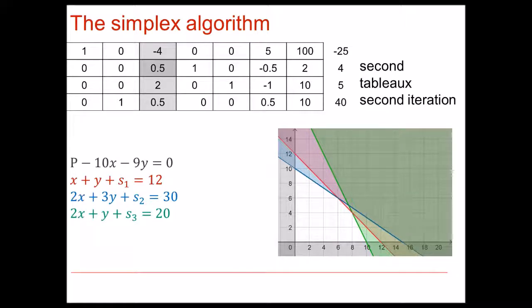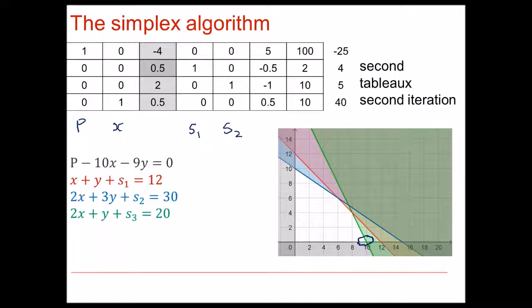So at the end of the first iteration we are at this point here, and we will look to see the basic variables again. Well, in this case we've got P as a basic variable and also x, and we still have S1 and S2.